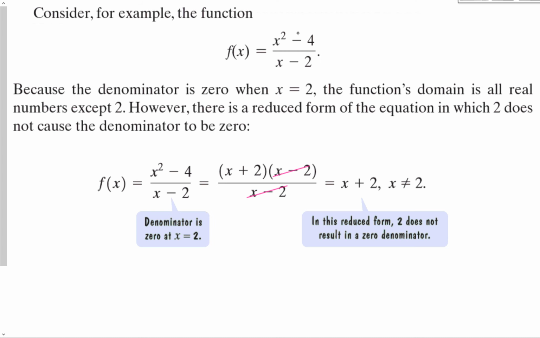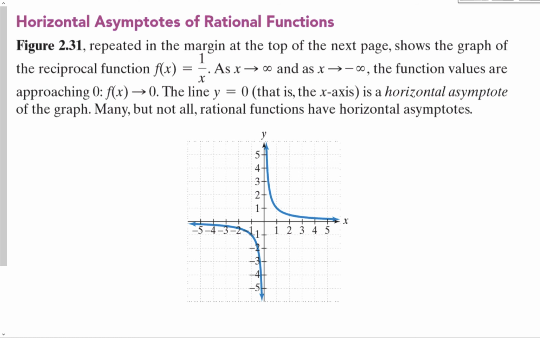Okay, so if I look at this rational function right here, you would think that this would be a weird graph, but it's not, because if we factor the top, x plus 2, x minus 2, over x minus 2, we can see the x minus 2's cancel, and we're left with x plus 2. Well, the graph of x plus 2 is pretty simple to graph, right?